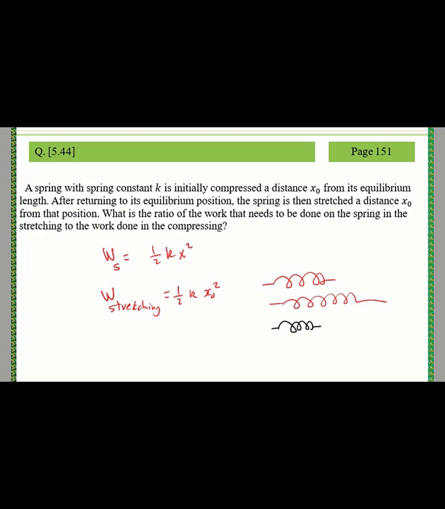So for compression, we have 1/2 k minus x naught squared, which is the same. So the ratio between the two works is 1.